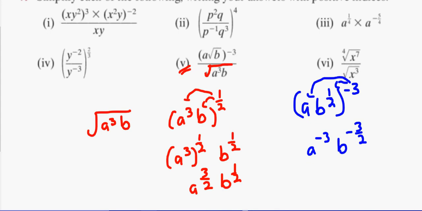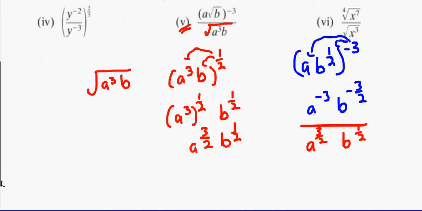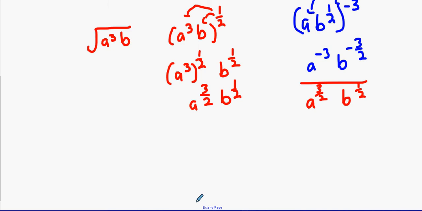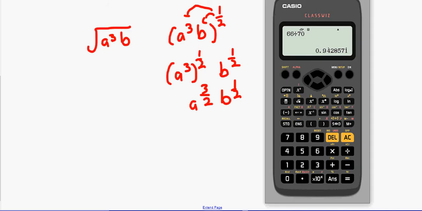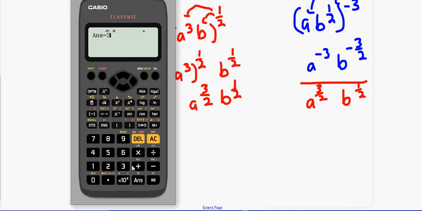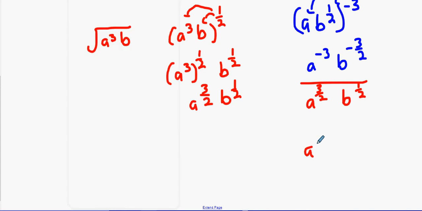Now I'm going to do the blue answer divided by the red answer. Can any of you remember what happens when you have one above the other? You subtract, don't you? So go to the calculator and we do minus 3 minus 3 halves. And what I get is a to the power of minus 9 over 2.